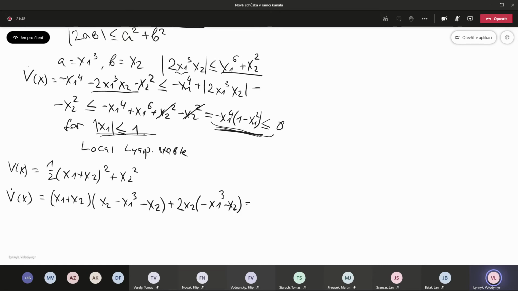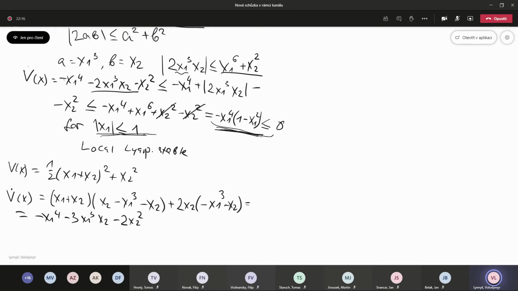This is equal to minus x1 to the 4th degree minus 3 x1 cubed x2 minus 2 x2 squared.